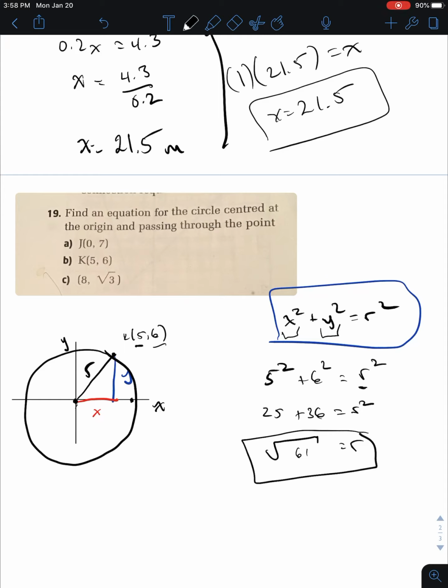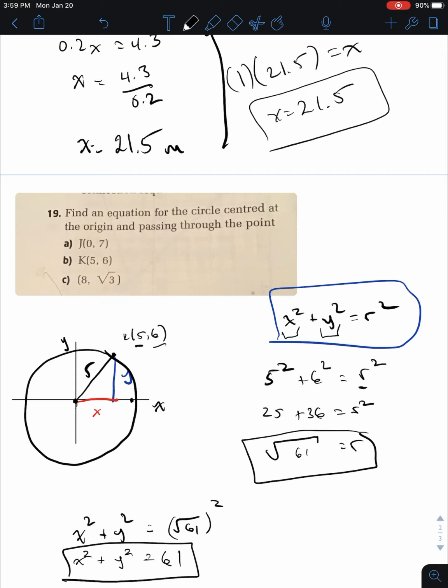Once I have that, the generic equation of the circle is x squared plus y squared equal to r squared. So you plug in r, root 61, but it has to be squared. And what happens when you square a square root? It just becomes a number. So it's x squared plus y squared is equal to 61.